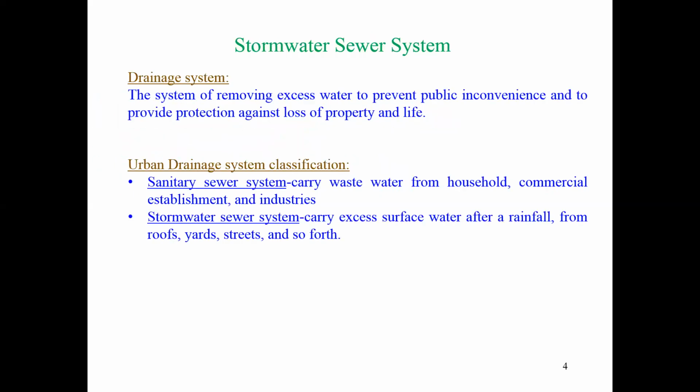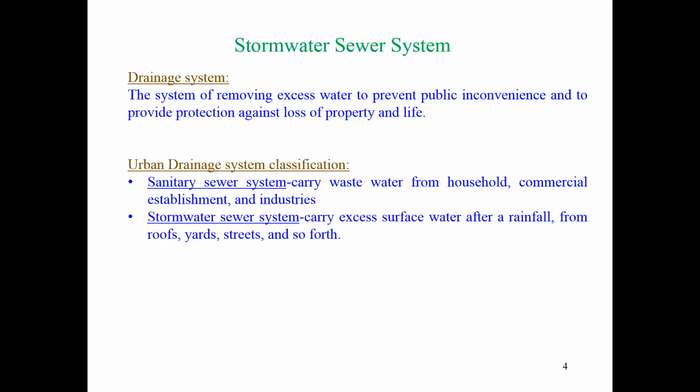Before starting the design of the sewer system, we need to know what a drainage system actually is, because the sewer system is a part of the drainage system. You already know it's a system to remove excess water so that people's lives and properties will be safe.